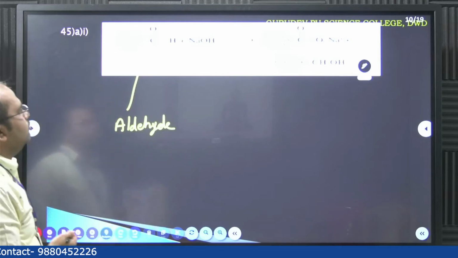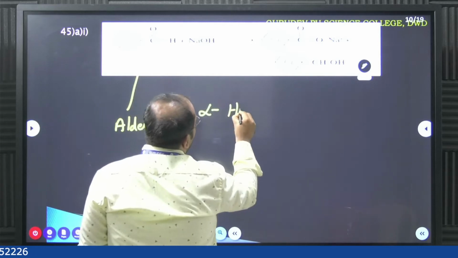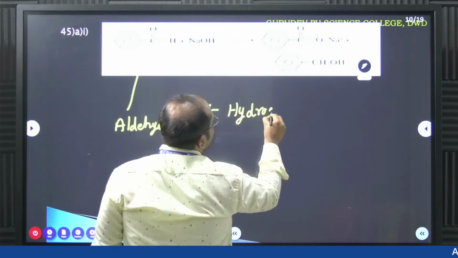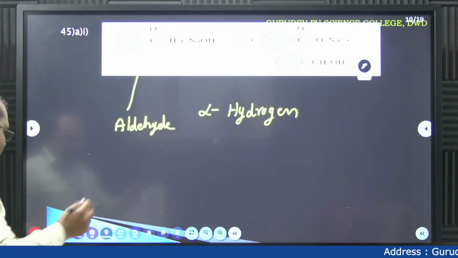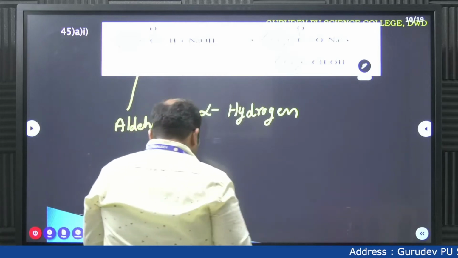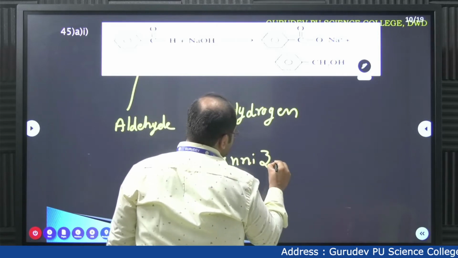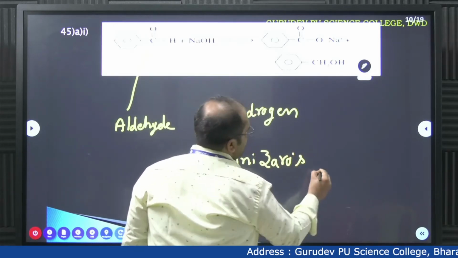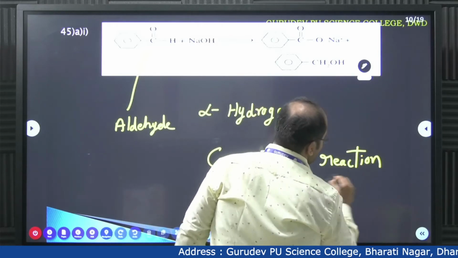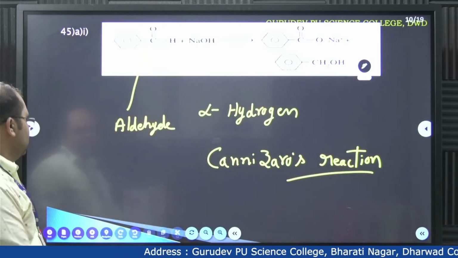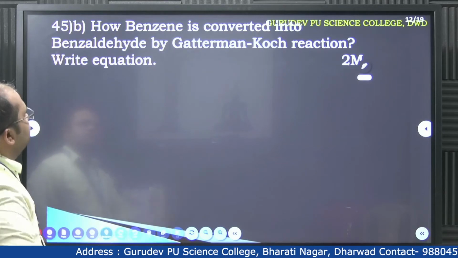Here it is clear that there is no alpha hydrogen present in the aldehydic group, and so the reaction undergoes directly the Cannizzaro reaction. The name of the reaction that takes place here is the Cannizzaro reaction. Right. Next, we shall move on to the next question.